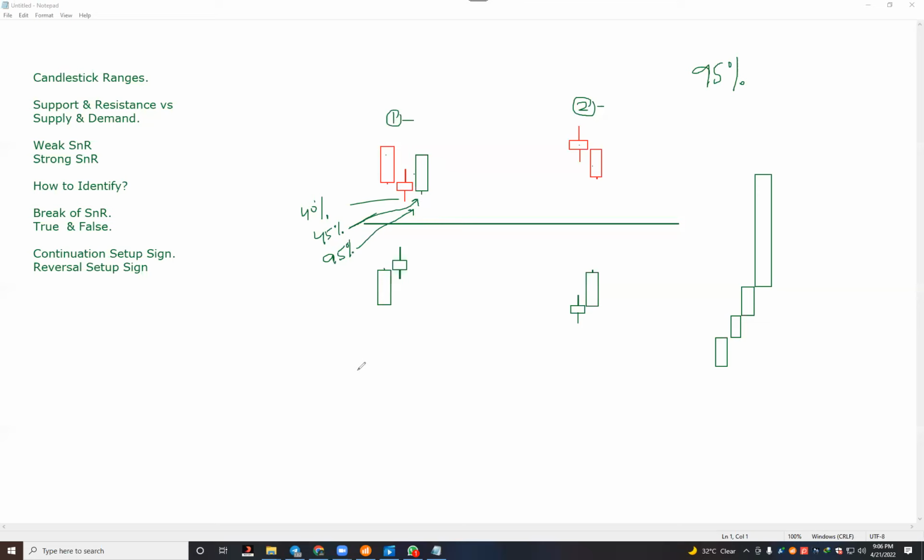Maybe this buyer has 95% power, but if he has 45% power, he can also enter. In both cases he can enter, but we don't know which. So there is uncertainty and confusion, right?